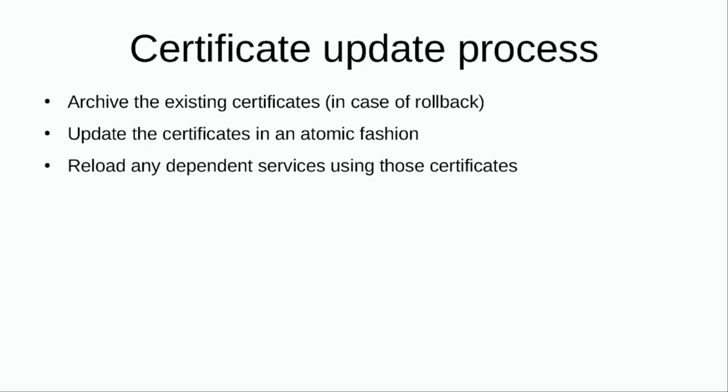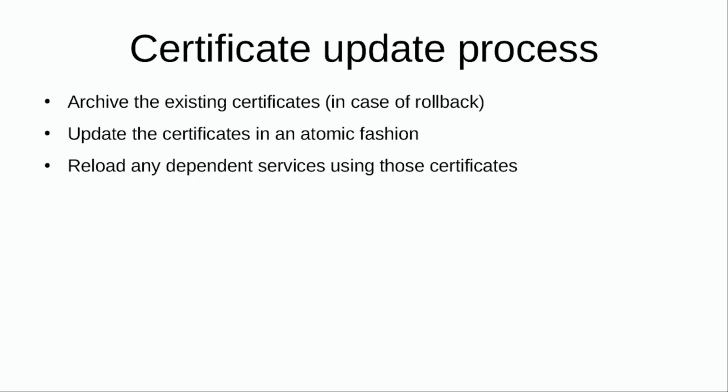As for most things that I approach, I sit there and try and do something high level, so at least I know whether I've hit all the specific points that I'm after. And ideally, at this sort of high level, I want my deploy script also at a high level to reflect this. So we archive the existing certificates that are in place in case of a rollback, which I've had to do.